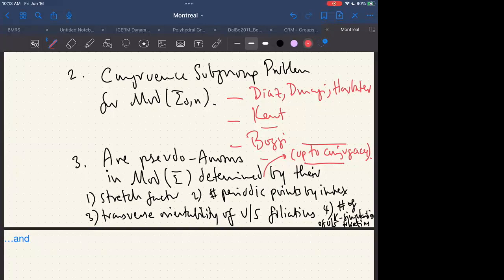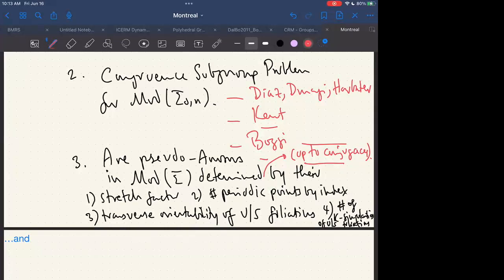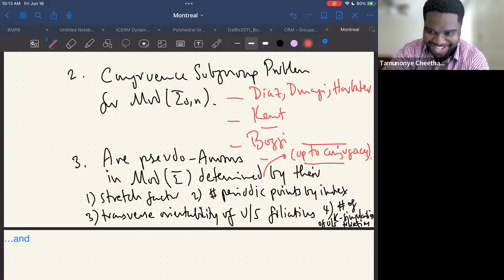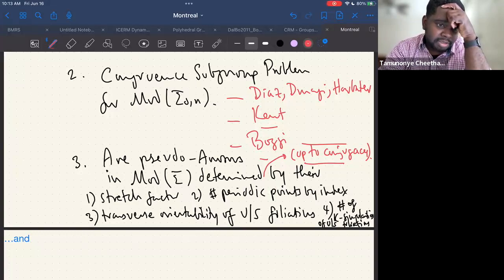I also have a question about question 3. Hi, Tam, this is Dave. So is the relevance of this question to profinite things that this is all information that Liu can see from the profinite completion? Yes, and also Liu is here. In some sense. Yeah. So Liu can read off this data from the correspondence from a profinite.